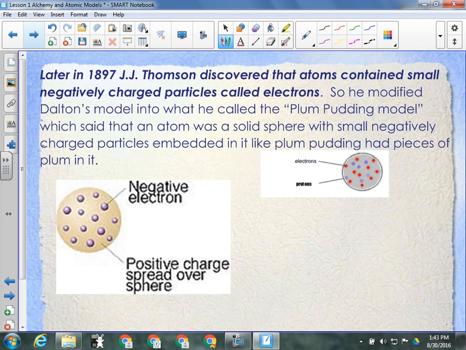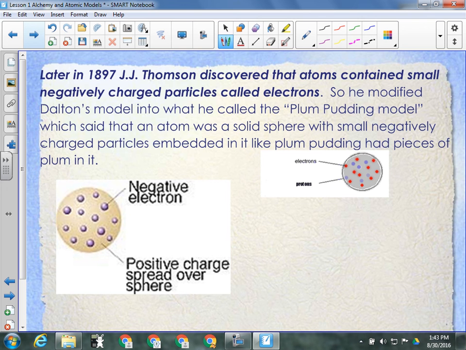So he said, something's wrong with Dalton's model. It's lacking something. So here's what I'm going to say. I know there's charges that can move in a reaction, so I'm going to say that the atom has 2 parts. It's still a sphere, but the sphere is positively charged. And embedded on its surface, because positive and negative attract each other, are these little tiny particles that have practically no mass that are negative.